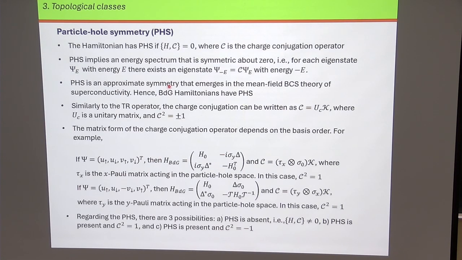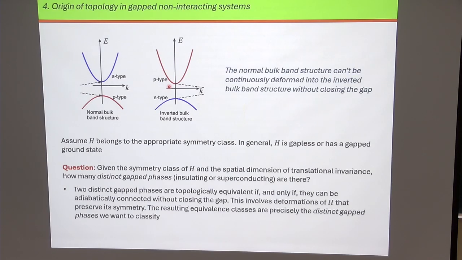So the point now is, we know the classification, so what is the topological invariant that will track the behavior of my system? Before, we discussed that we cannot go continuously from the normal band structure into the inverted one, because I cannot go from S state to S state without closing the gap.